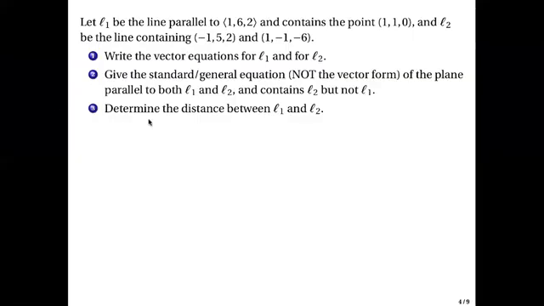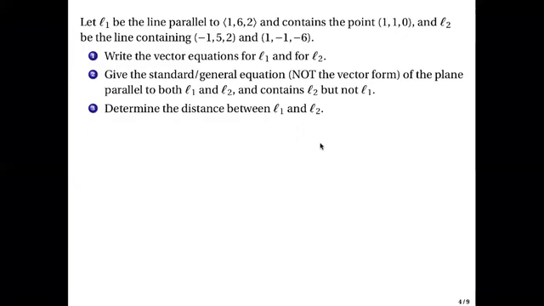Then for the third one, we want to determine the distance between L1 and L2. By the way, these two lines are skew lines. Remember the definition of skew lines: they are not parallel nor intersecting.